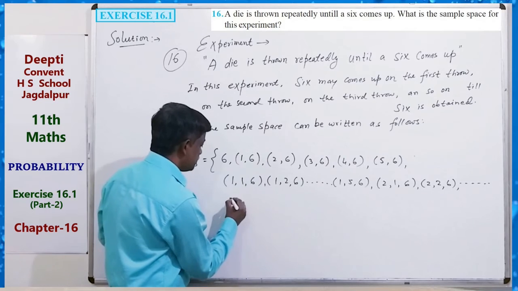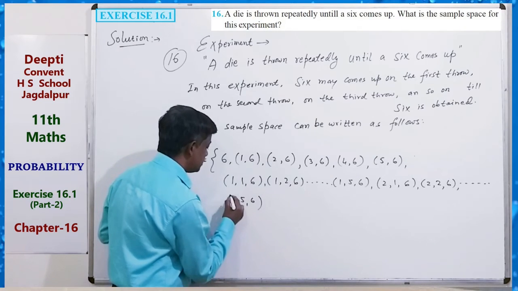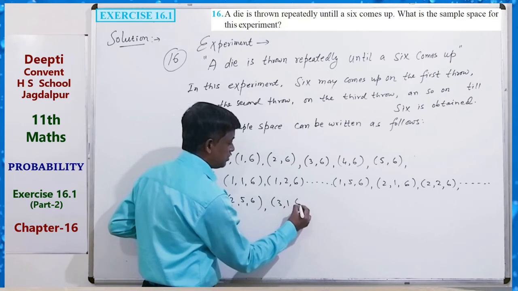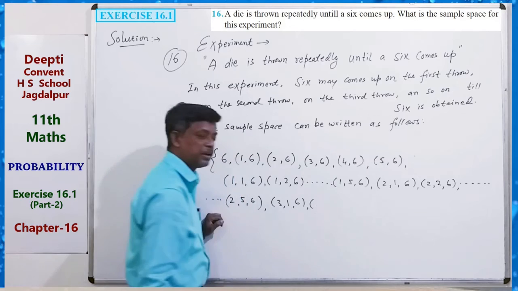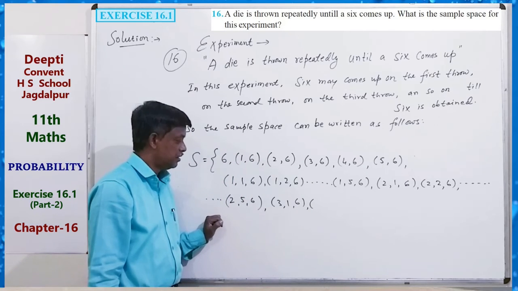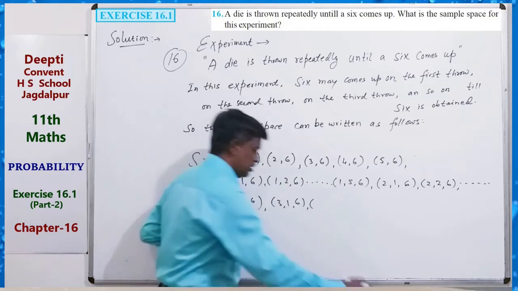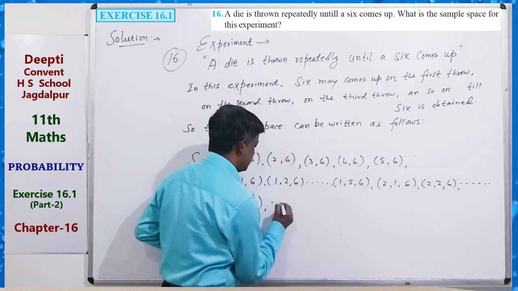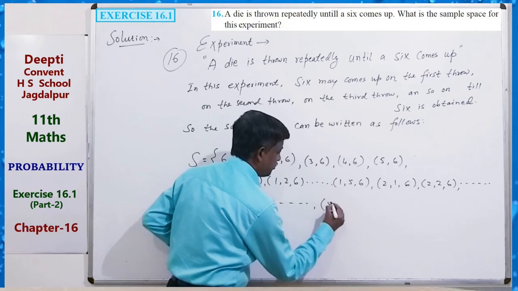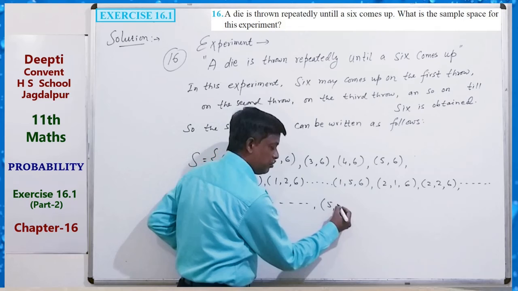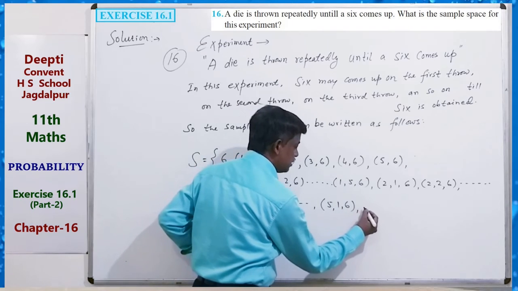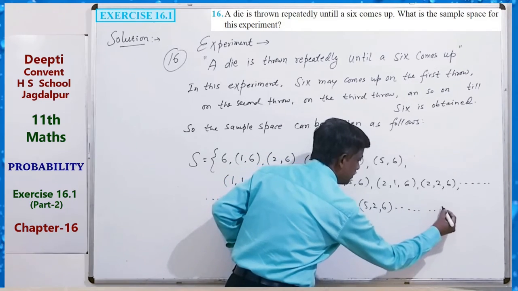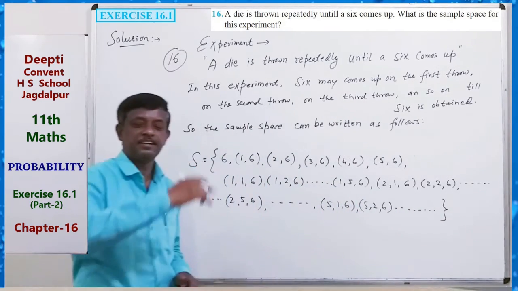Then again 2, 1, 6, 2, 2, 6, and so on up to 2, 5, 6, finish, and then 3, 1, 6, and so on. From here we can write 5, 1, 6 and 5, 2, 6. Infinite possibilities are there.